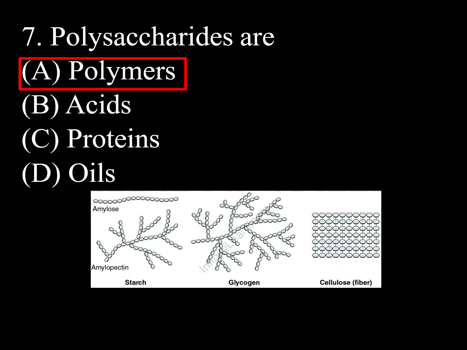Here you can see these molecules, these are the polymers. These are the polysaccharides: amylose, starch, glycogen, and cellulose. All these polymers are made up of the same monosaccharide units, glucose units.